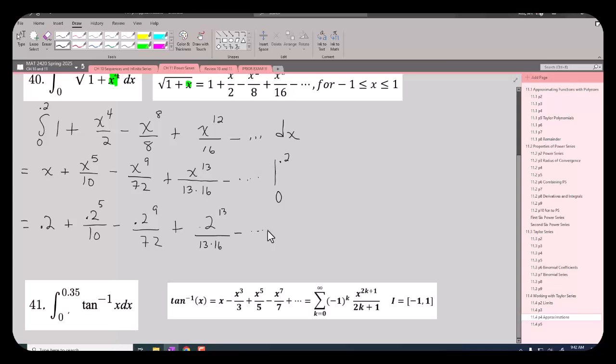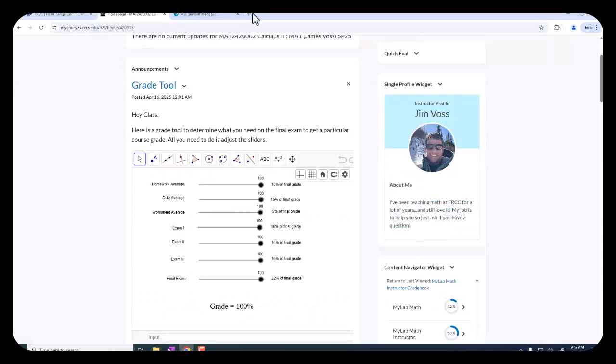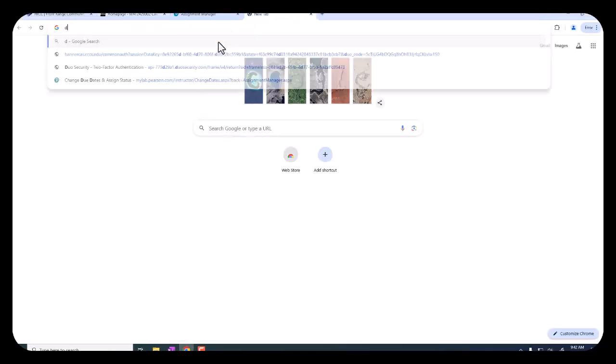This is an alternating series. And we know how to estimate with alternating series. So let's go to Desmos.